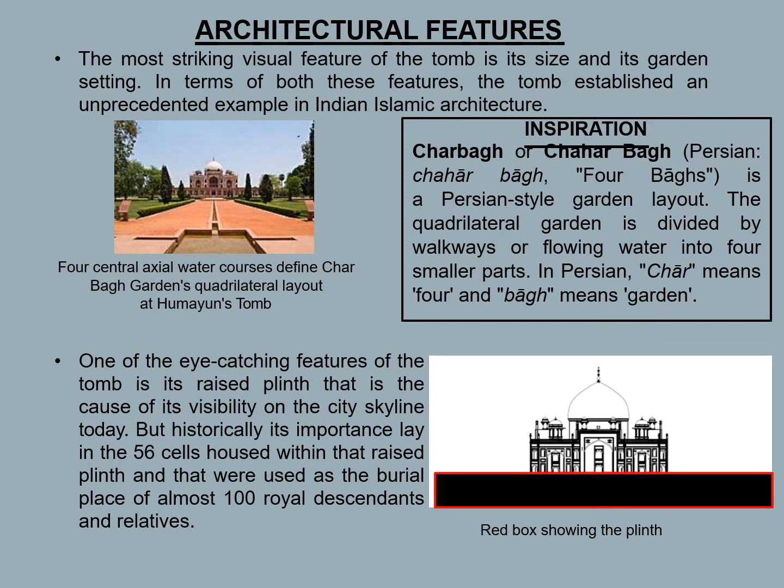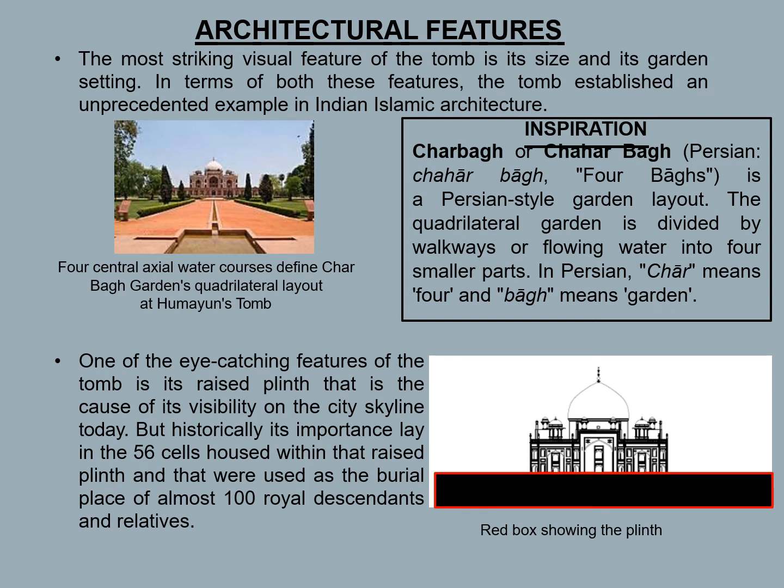Another slide shows the architectural features. The most striking visual feature of the tomb is its size and its garden setting, which you see in the image of the Humayun tomb. In terms of both these features, the tomb established an unprecedented example in Indian Islamic architecture.